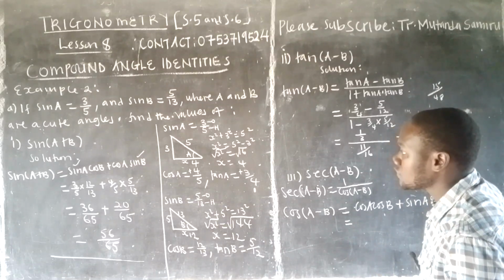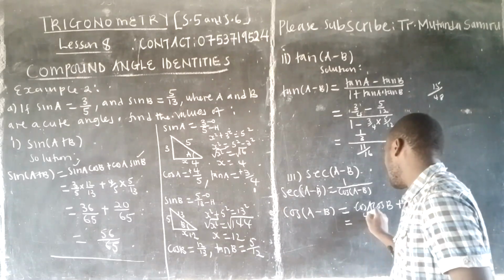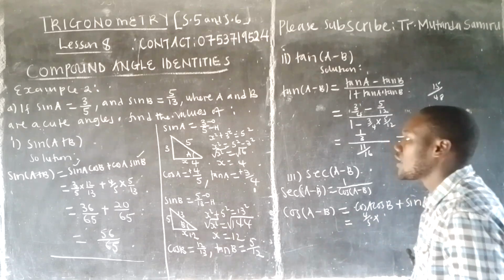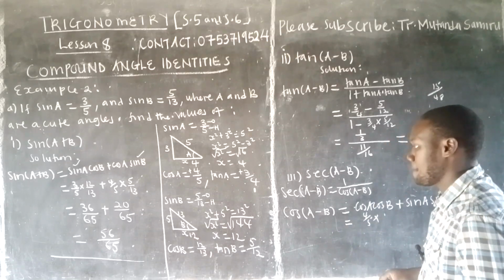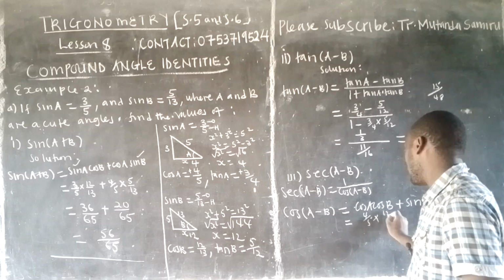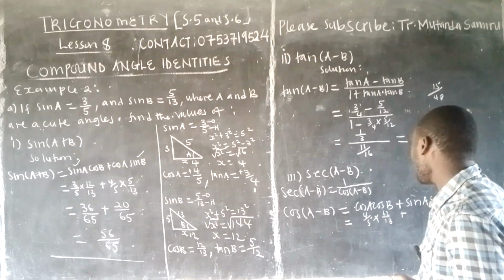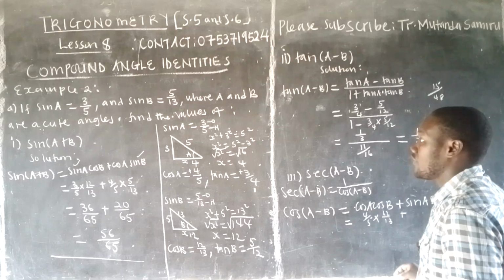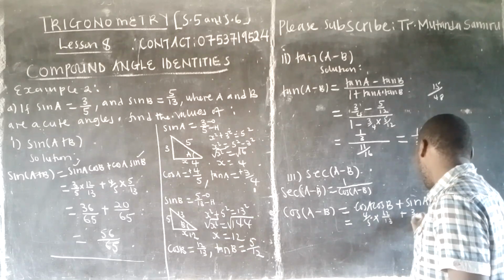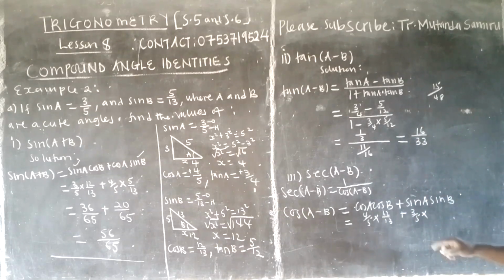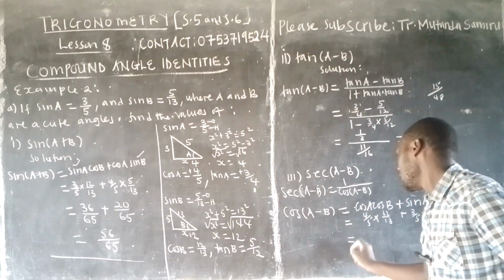Cos A is 4 over 5 times cos B, which is 12 over 13, plus sin A, which is 3 over 5, times sin B, which is 5 over 13. Please use your calculator.